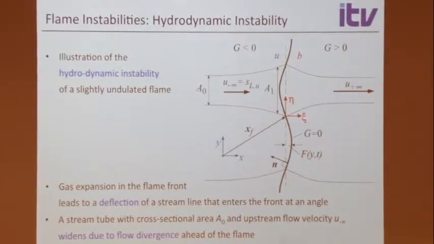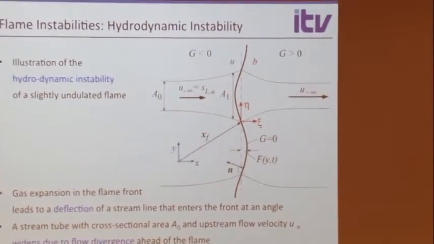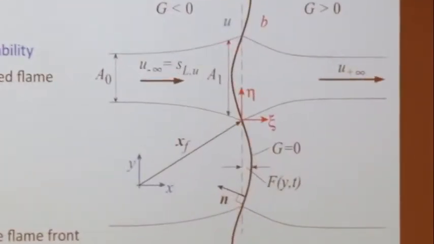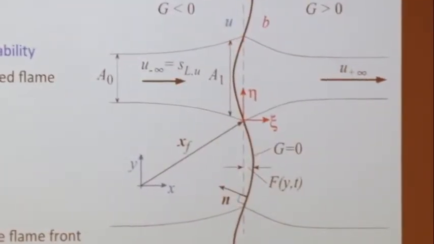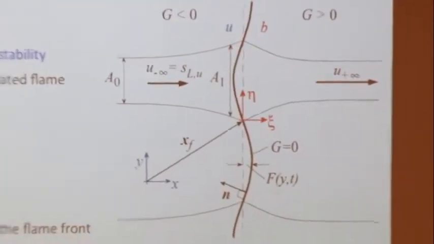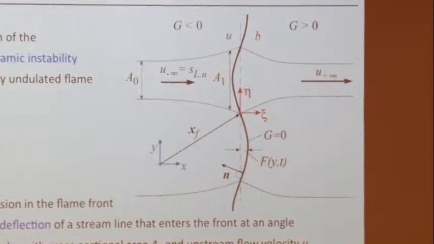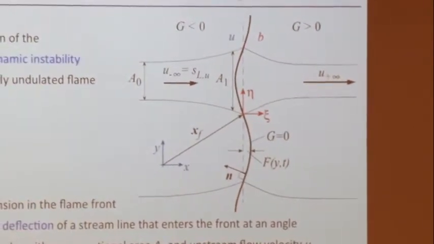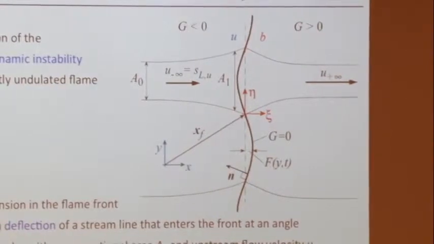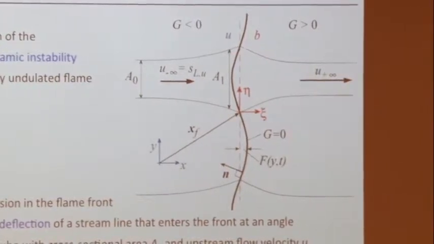For the purpose of looking at this, we can again assume the flame is infinitely thin. And then you start out here with a slightly corrugated flame, let's say. And then what happens is that if the flame is slightly corrugated, then because of the gas expansion, the flow is accelerated behind the flame, and the streamlines here are deflected again.